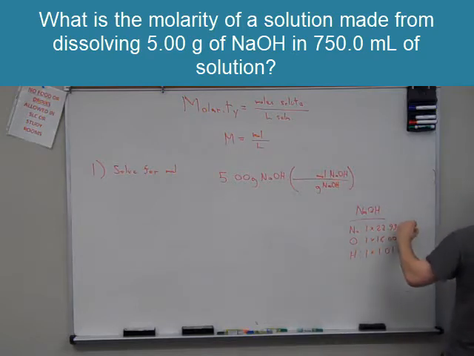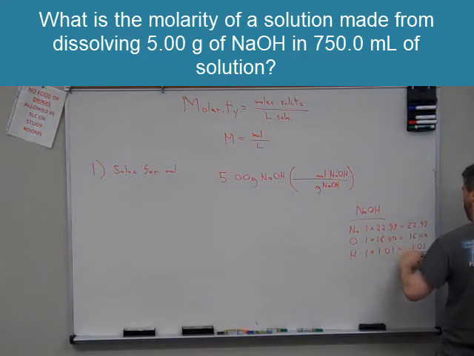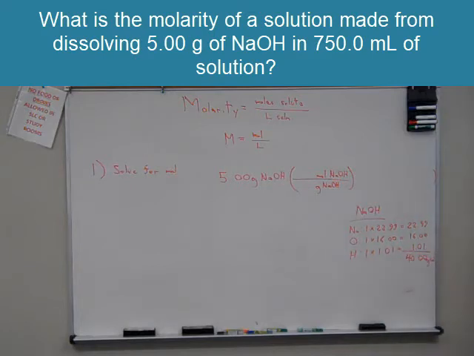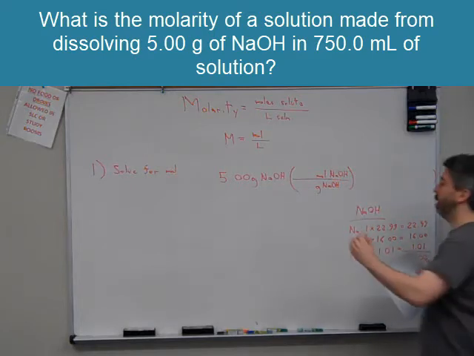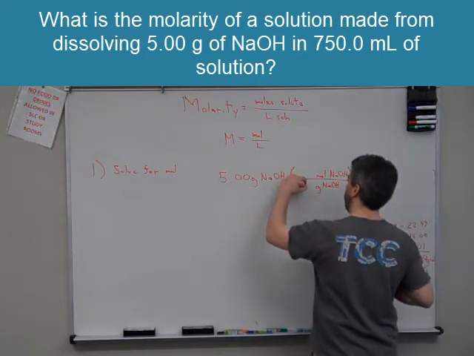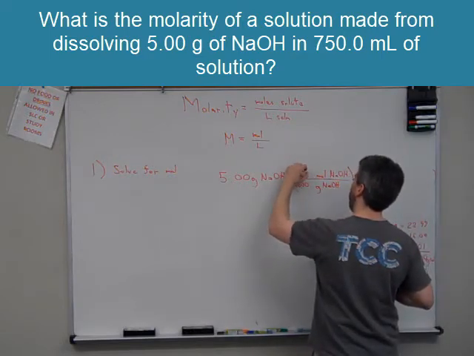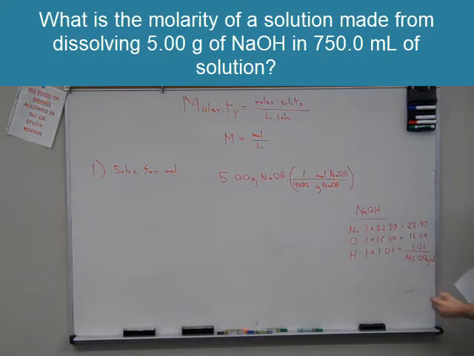So multiply each of the atoms times its mass, and then add them all up. That's going to give you 40.00 grams per 1 mole.